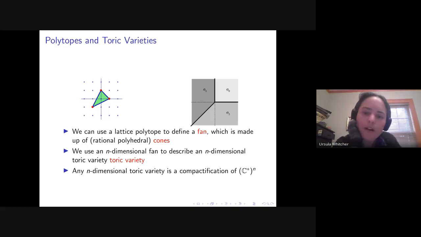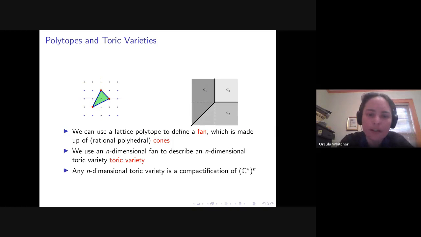Now, we can use a polytope to make a toric variety, making it up out of cones. There are a couple of ways to start with a polytope and get a fan. You can take either the normal fan, or you can take the cone over the faces. Because I'm used to working with reflexive polytopes, I personally like to just take the cone over the faces.